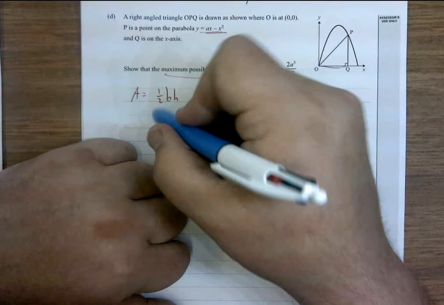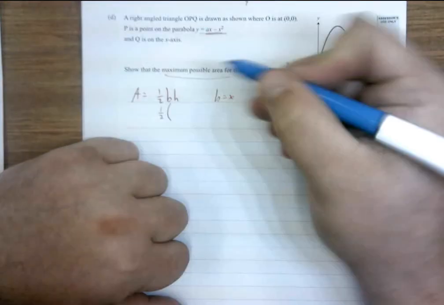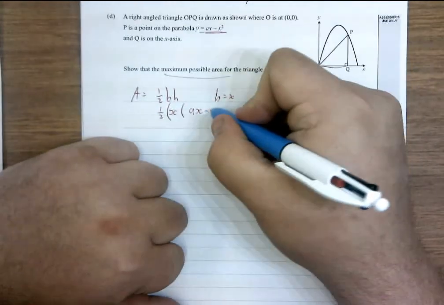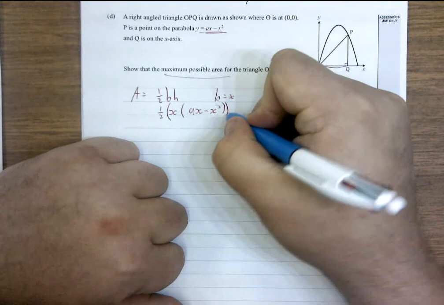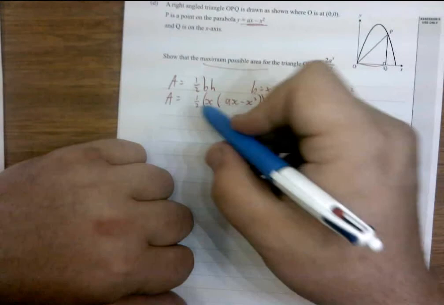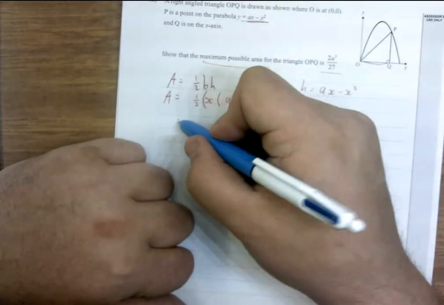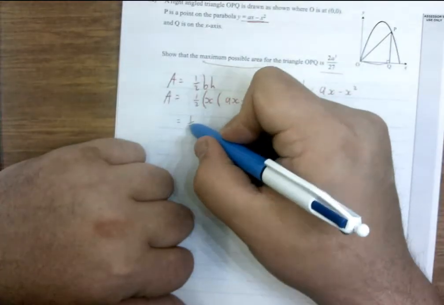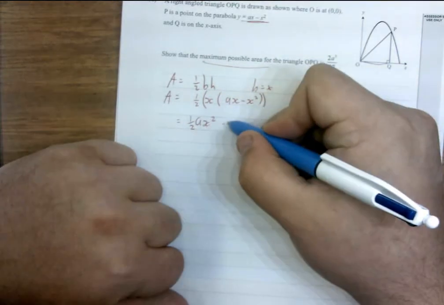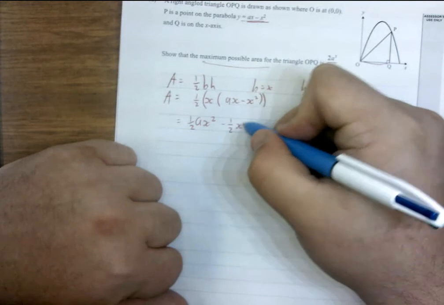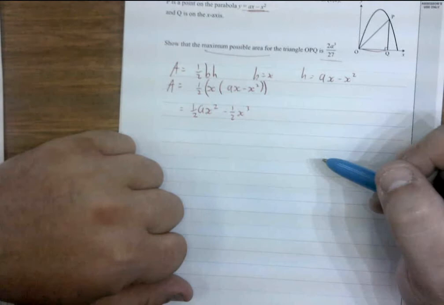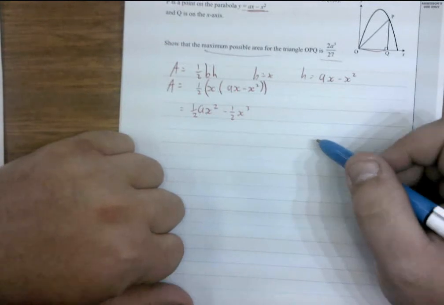So a half base times height equals our function for area. We want to maximize, so we have to find a maximum point for this equation.